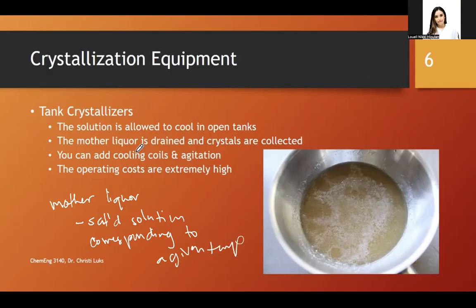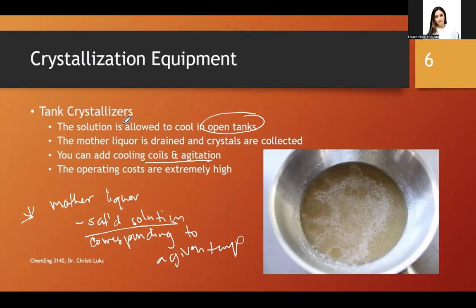So in your crystallization process, you have two products. You have your crystals and then you have your mother liquor. So mother liquor is the saturated solution. So for your tank crystallizers, the solution is allowed to cool in open tanks. The mother liquor is drained and crystals are collected. So you can add cooling coils or agitation.